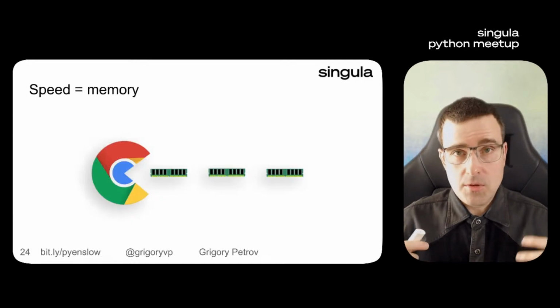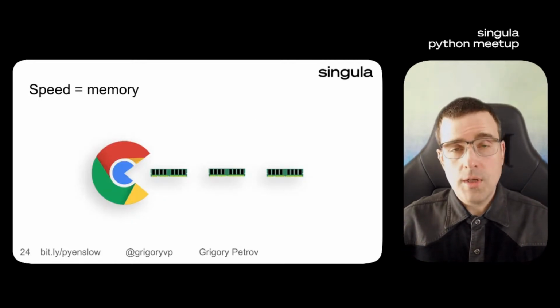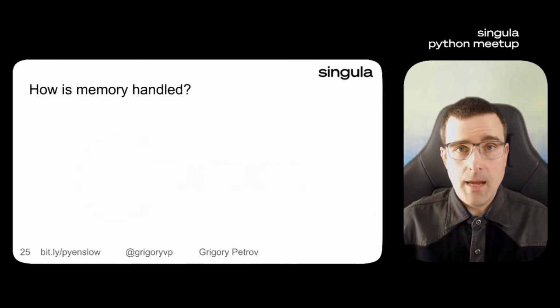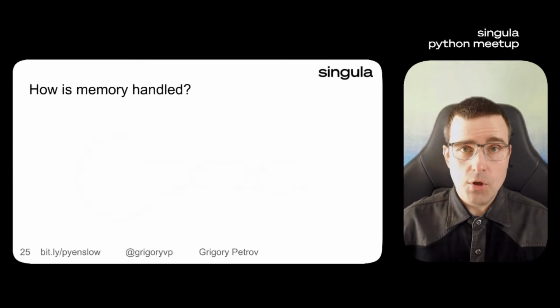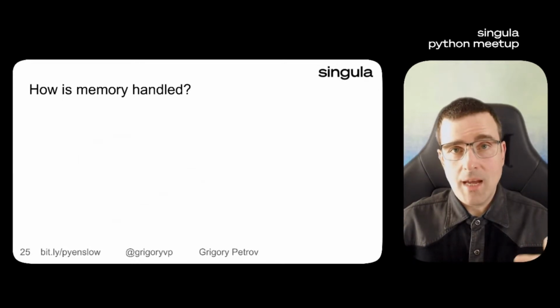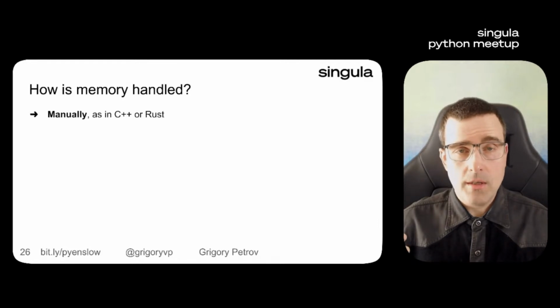That means the speed of our code is how it handles memory. And memory is handled differently by different programming languages. It can be handled manually, like in C++ or Rust, where we developers allocate memory, access memory, and deallocate it.